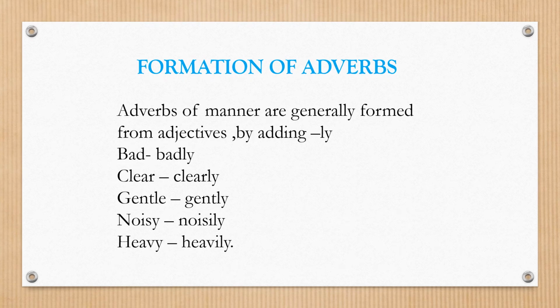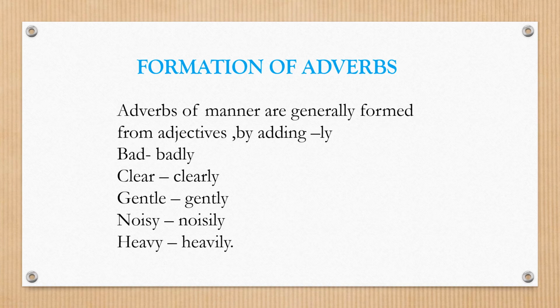Now let us see how these adverbs are formed. These adverbs of manner especially are generally formed from adjectives by adding ly. Look at the example here. When we add ly to bad, clear, gentle, noisy and heavy, these adjectives turn to adverbs, that is badly, clearly, gently, noisily and heavily.